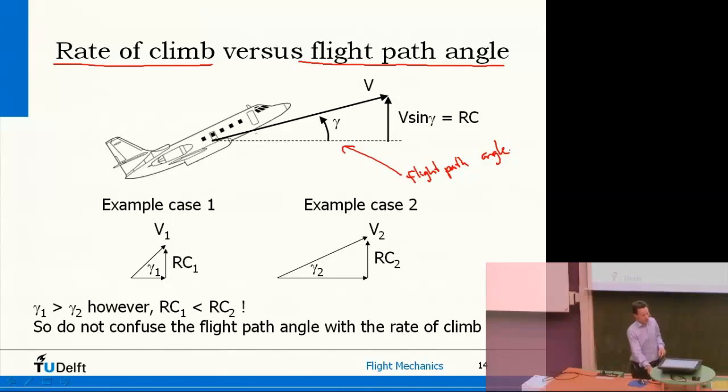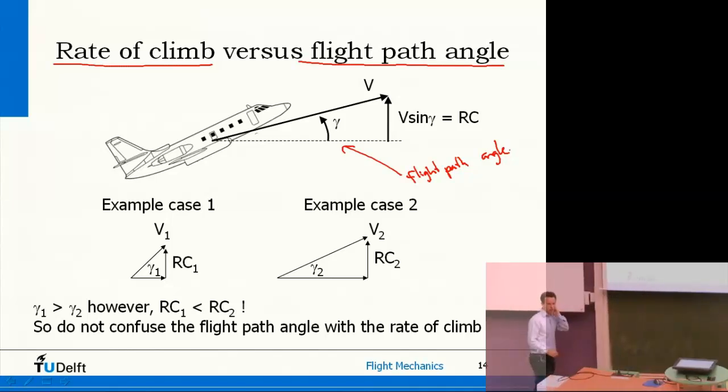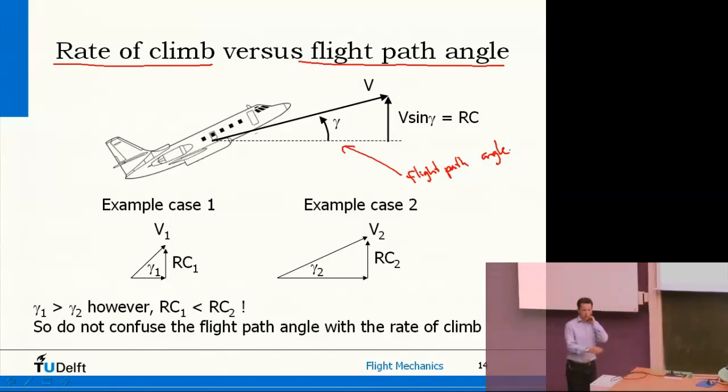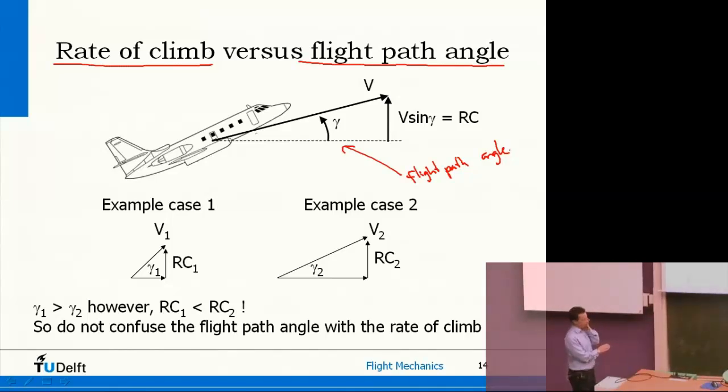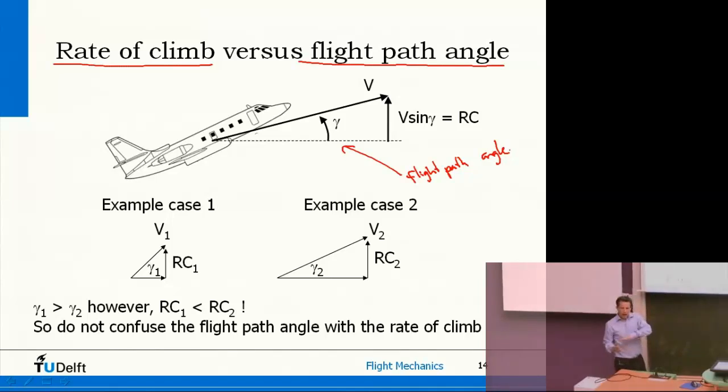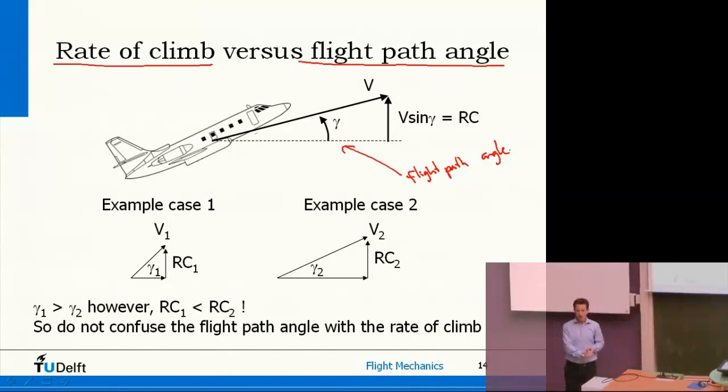So it's a rate. Now, it's very important to realize that if you try to maximize a rate of climb, then that's not the same as maximizing an angle. These two are in fact different. Let me give you an example. How steep you can climb, of course, depends on the engine itself. You need power, and it depends on the aerodynamics.